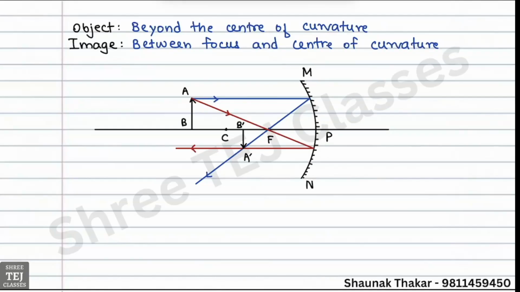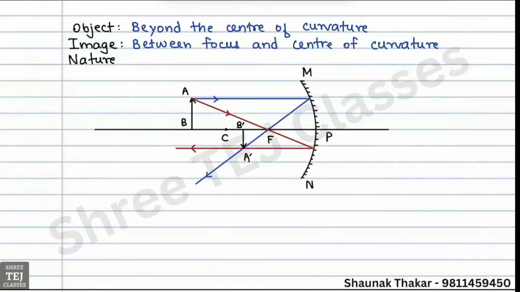So image is between focus and center of curvature, but object is beyond center of curvature. If you compare it with the third case, in third case, object was between focus and center of curvature and image formed was beyond center of curvature. So here the two situations have swapped their places. Position of object has become position of image and position of image has become position of object.